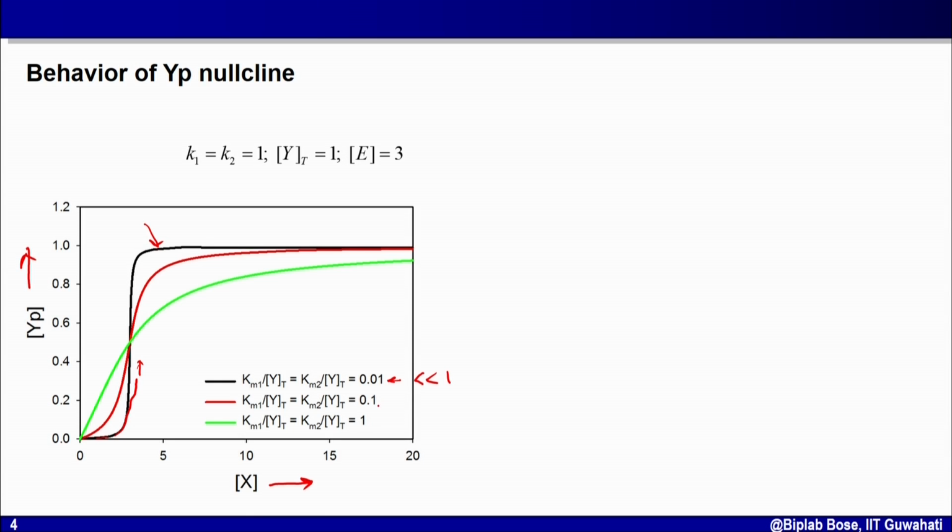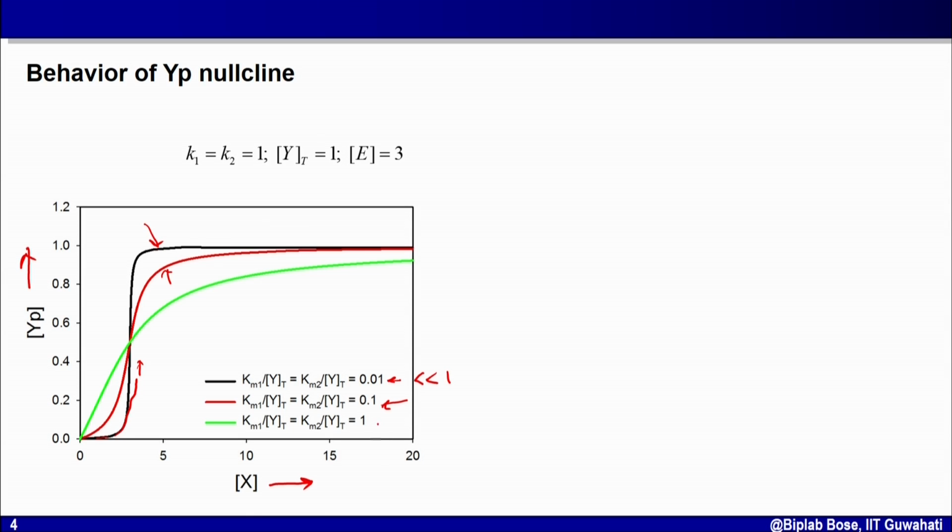When I reduce this value, km1 by yt, that is the Michaelis-Menten constant divided by total amount of y, to 0.1, we still get a sigmoidal curve, this red one, but the steepness is a bit narrowed down.